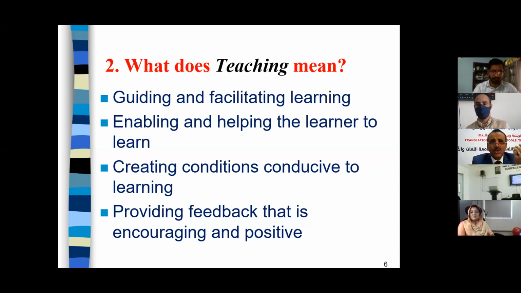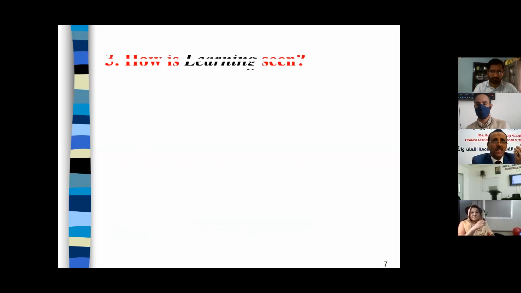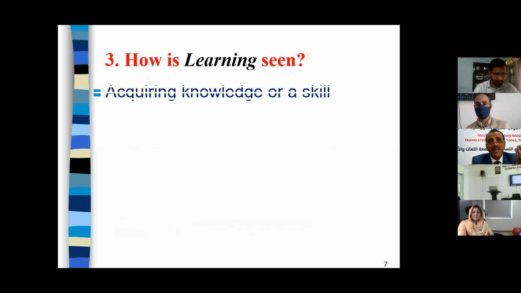This takes us to the other basic term, which is learning. How is it seen? Is it by just memorizing things? It is acquiring knowledge or a skill. So the learners should gain that knowledge and skill as a prerequisite for learning.